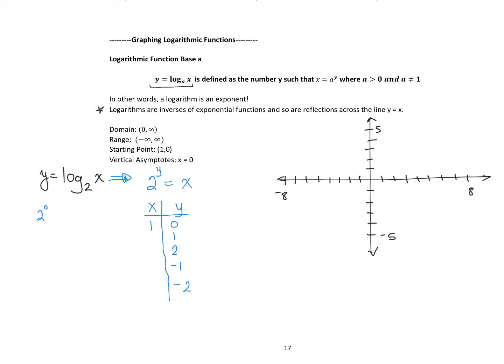If y is 1, 2 to the first is 2. If y is 2, we have 2 squared equals 4. We can also choose negative numbers for y. If y equals -1, we get 1/2, and if y equals -2, we get 1/4.